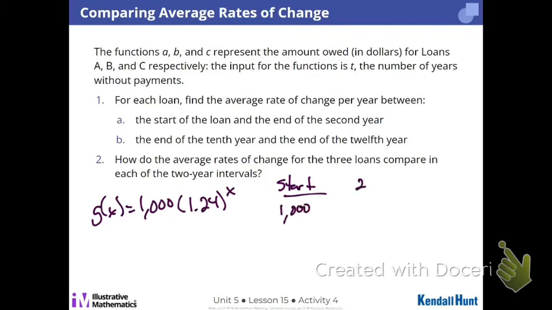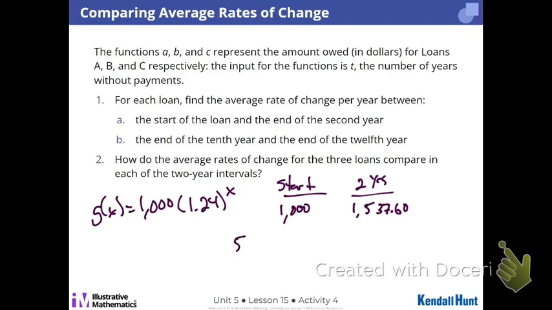And how much was it at the end of 2 years? 1,537.6. Okay.